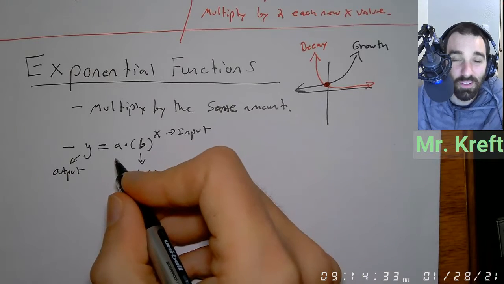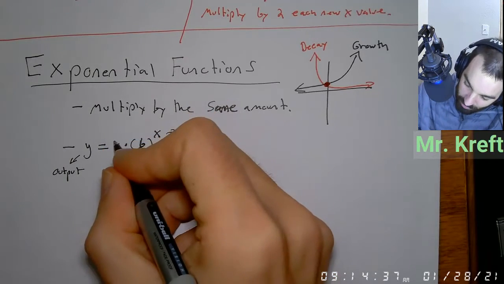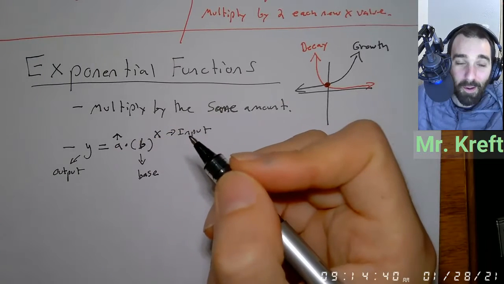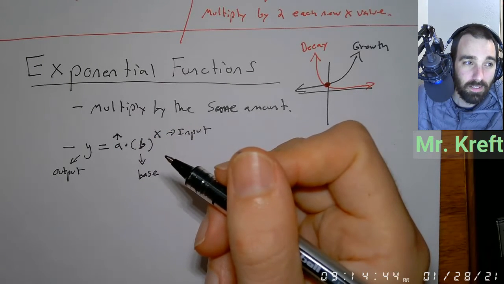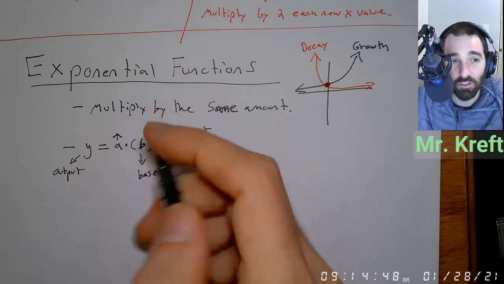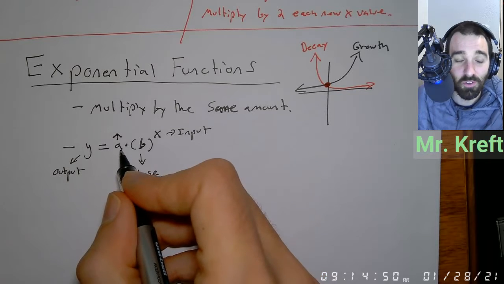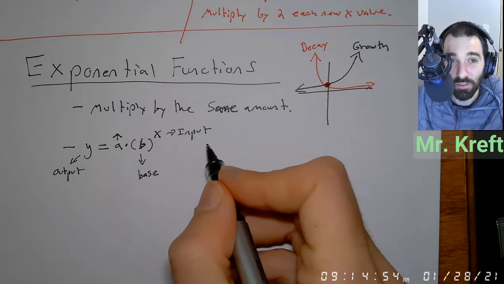Now this is deceiving and confusing. The a has different meanings. In financial settings, this is the initial amount, which doesn't make sense if I go plus this.